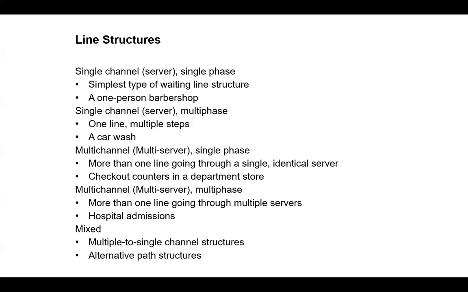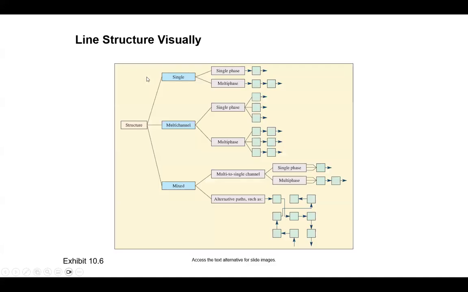So there are different steps as well as different servers you need to go through, as well as the mixed. So this is about the line structures. You need to figure out which structure it is when you start to manage the whole process.